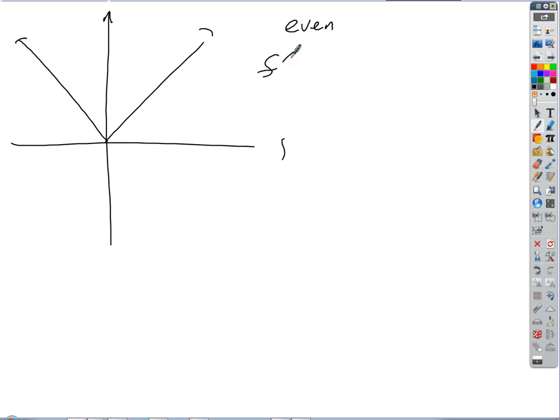Even symmetry was the one where if I go over positive x or back negative x, the y value should be the same, right? Either way. Okay, if I go over x and I go up to this, my function f, if I go up that far, then that must be a y value of f of x. If I go back to negative x, the y value has to be the same thing.